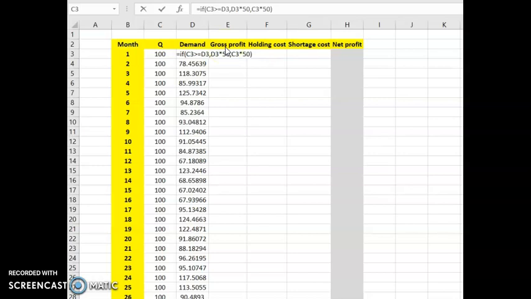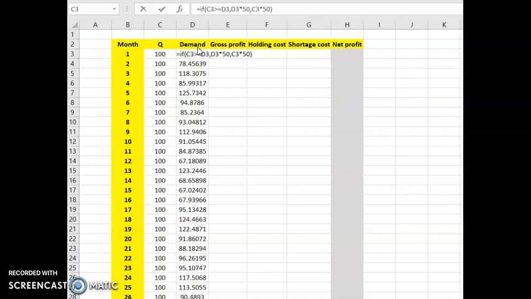But here, to calculate it, we must specify the number of items being sold according to these two columns that we have here, Q and D. So we need to put this formula, as you can see it here, IF, because if Q is greater than demand, what would be the gross profit?